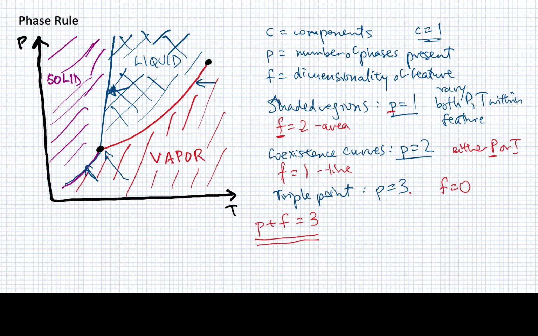And the way we would normally write this is that we would write the phase rule as F is equal to 3 minus the number of phases. So really all this phase rule is doing is telling us about what kind of feature to expect for some number of different phases. When we only have one component, this is pretty easy and pretty basic. In fact, I would even say pretty trivial. But when we have more than one component, that's when things get interesting, and we'll see some examples of that in the next module.